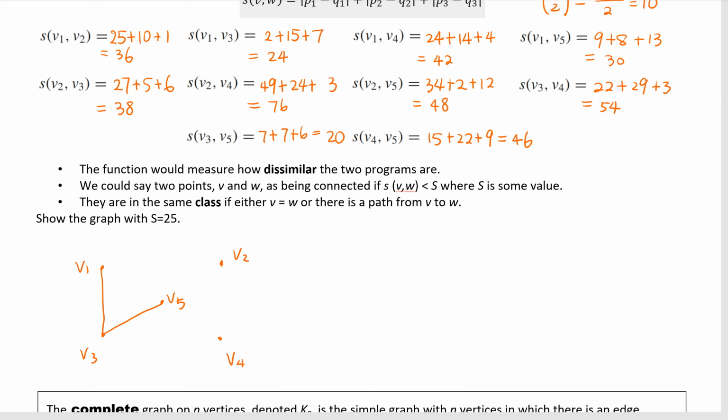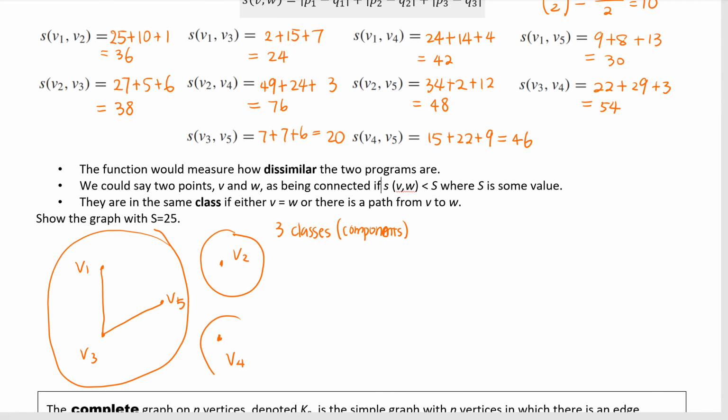And here you can see there are 3 classes. Okay, and there are also 3 components. So this guy is connected, it's one component. This guy is one component. This guy is another component.